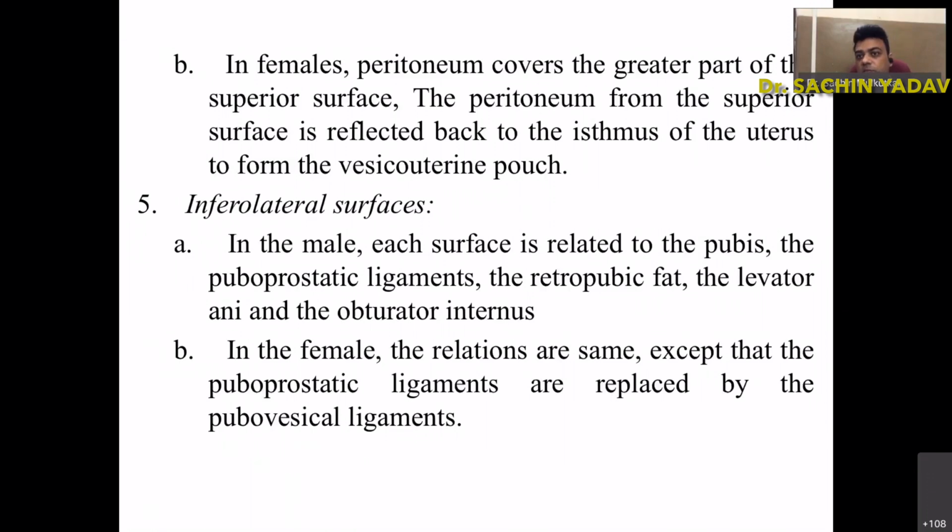In the male, each surface is related to the pubis, the puboprostatic ligaments, the retropubic fat, means behind the pubic bone, the levator ani, which is having the anterior attachment on the posterior surface of the pubic bone, and the obturator internus.